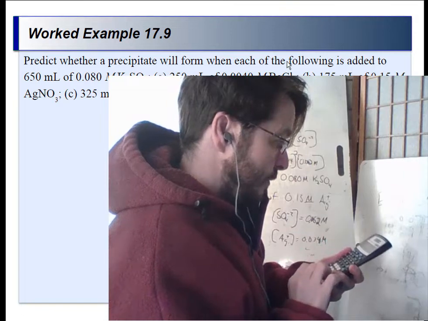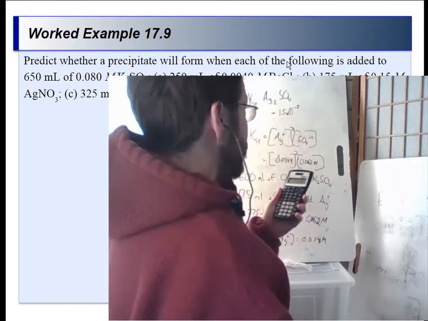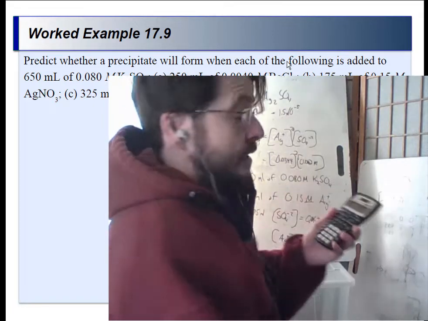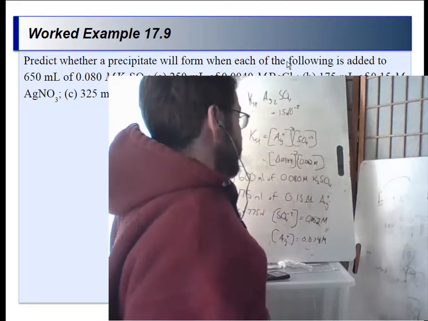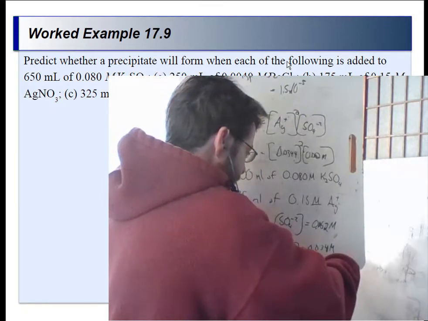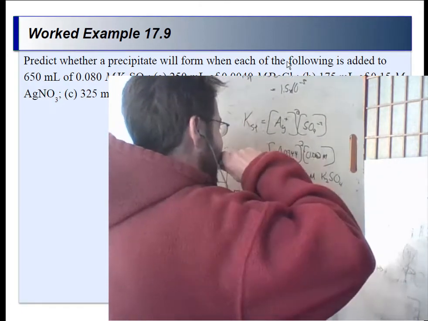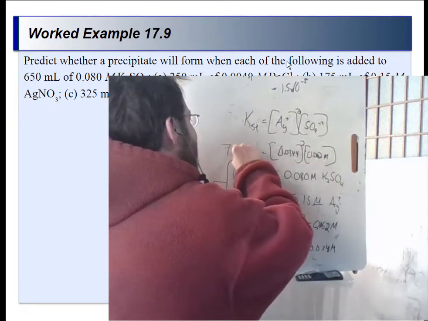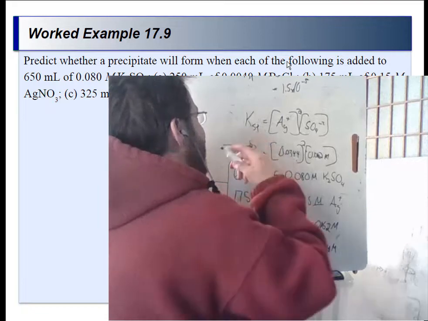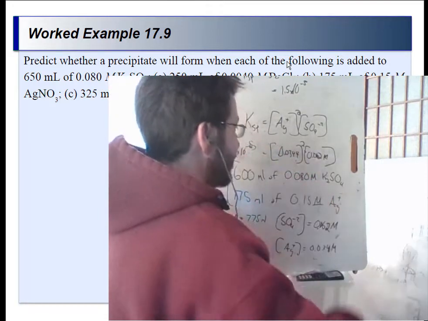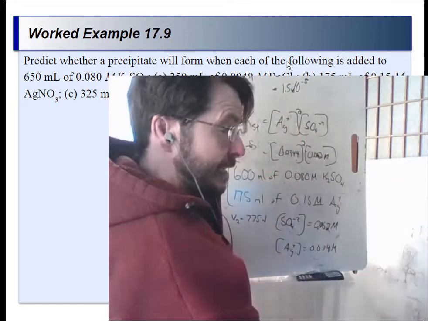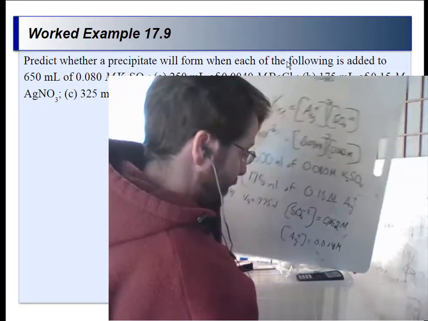I get 7.3 times 10 to the -5th, which is greater than the KSP of 1.5 times 10 to the -5th, and so the value I get is just greater than the KSP, and so there should be a precipitate in this case.